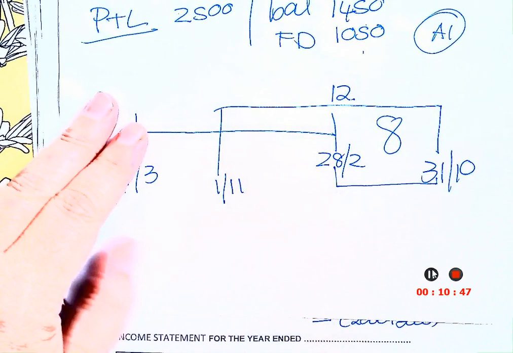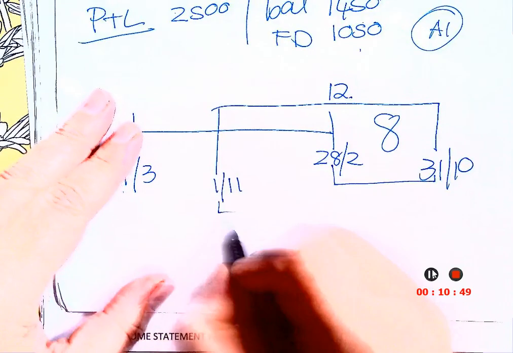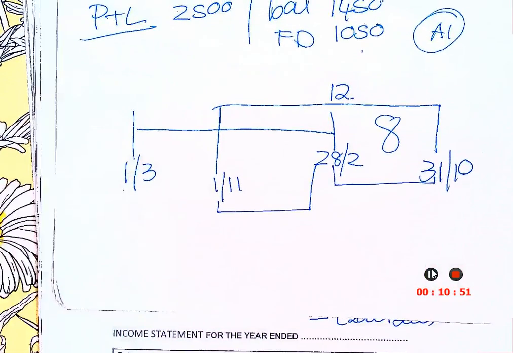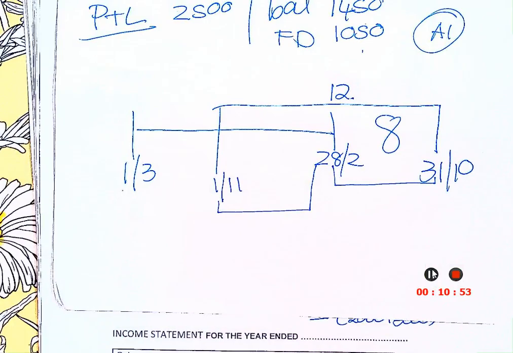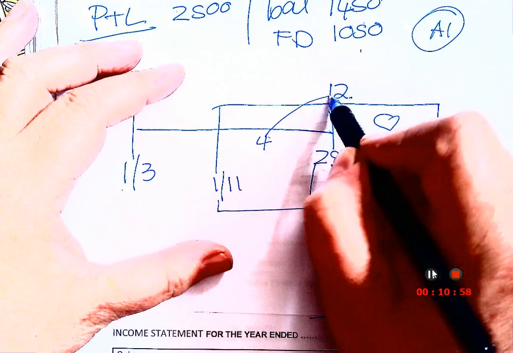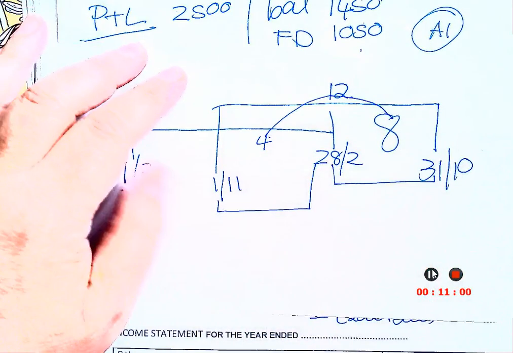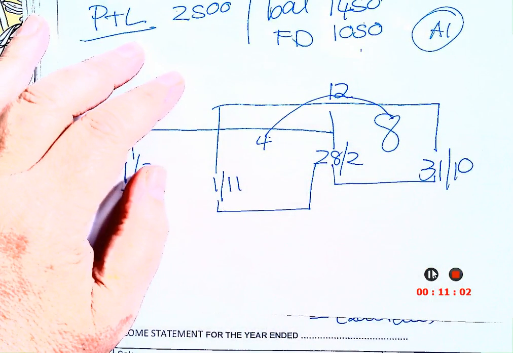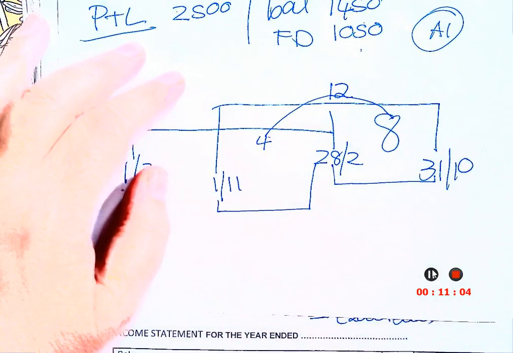Or I count from the beginning of their year to the end of my year: November, December, January, February. 4 months, meaning from the 12, 8 months is prepaid. Whichever one is easier for you.